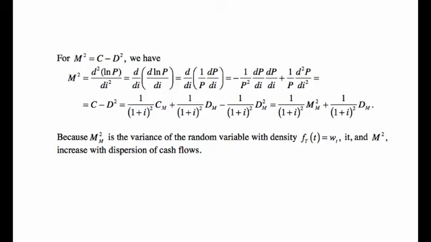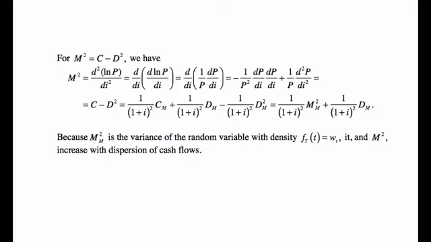Now, we also have a measure of dispersion with respect to the interest rate, M squared, or dispersion. It's convexity minus the square of duration. And that's equal to the second derivative of the natural logarithm of price with respect to the interest rate.